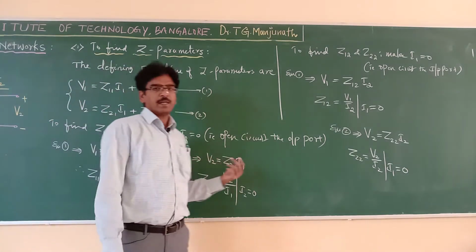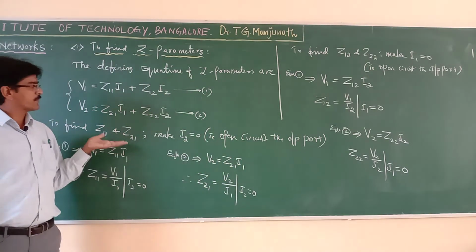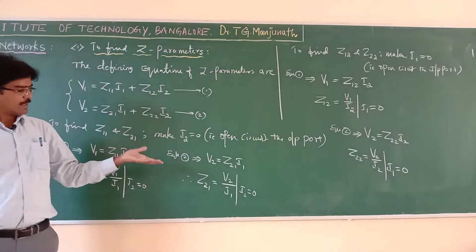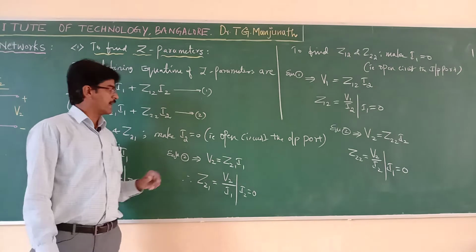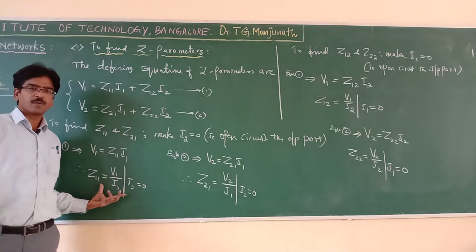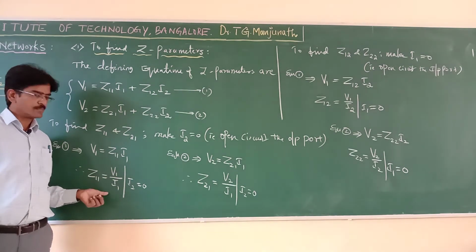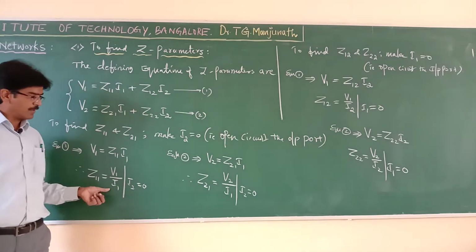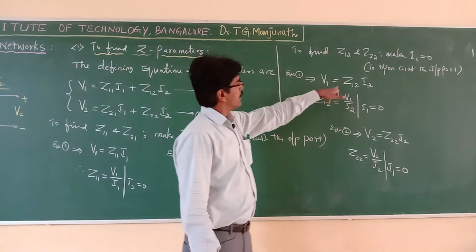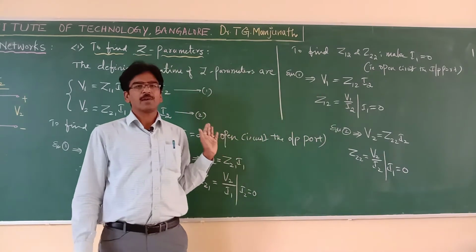Now, my intention is to define what Z11, Z12, Z21 and Z22 represent. All of you observe here. Z11 is the ratio V1 by I1, that is V by I. Z21 is also V by I. All are V by I only.